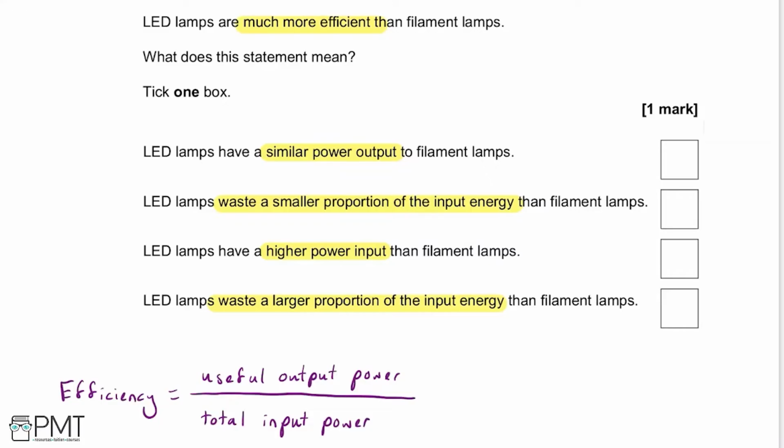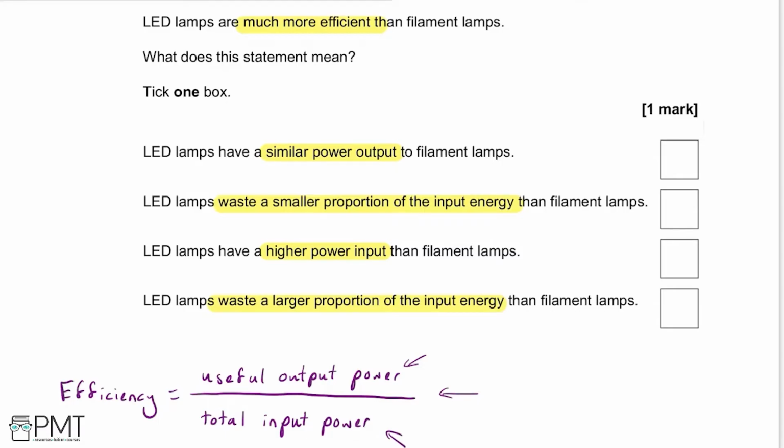So if our LED lamp is much more efficient than the filament lamp, then the useful output power is greater, because if you look at this fraction here, in order to make the efficiency greater, we need the value of the useful output power on top of the fraction to be a larger percentage of the value on the bottom of the fraction, the total input power.